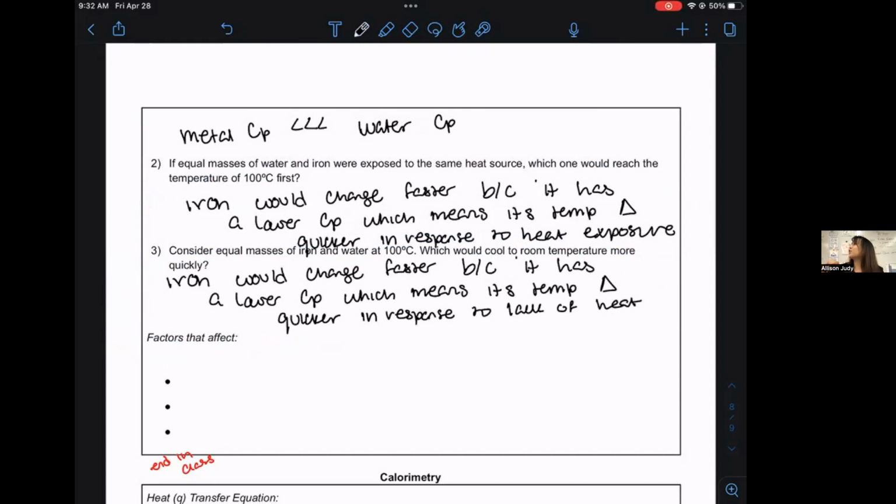The heat will transfer out of it faster. And maybe I should put faster heat transfer / loss. Right? Faster heat transfer / loss. But the one above, it's faster heat absorption / gaining.